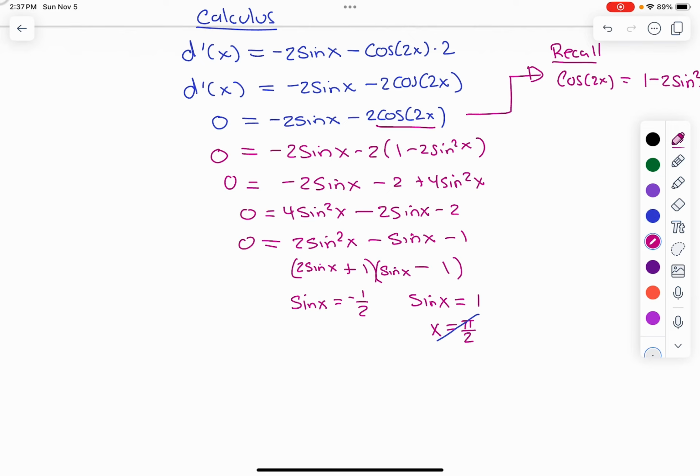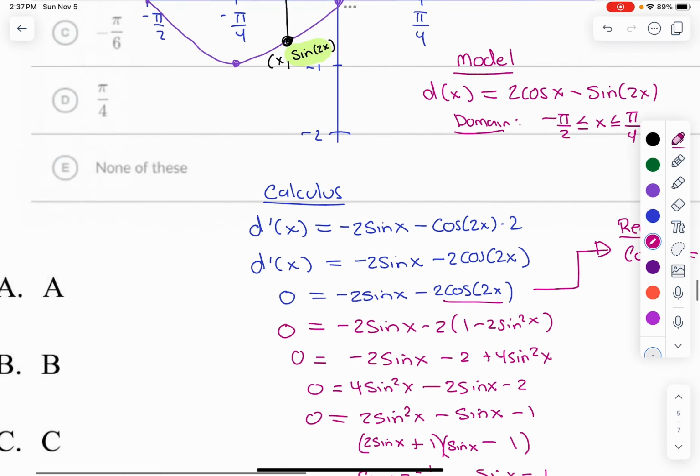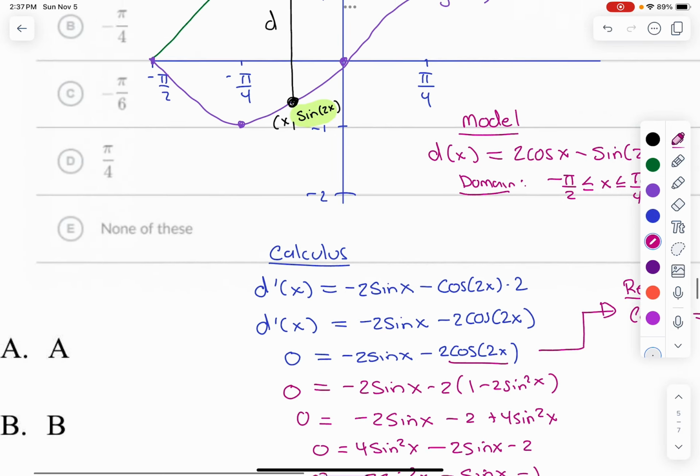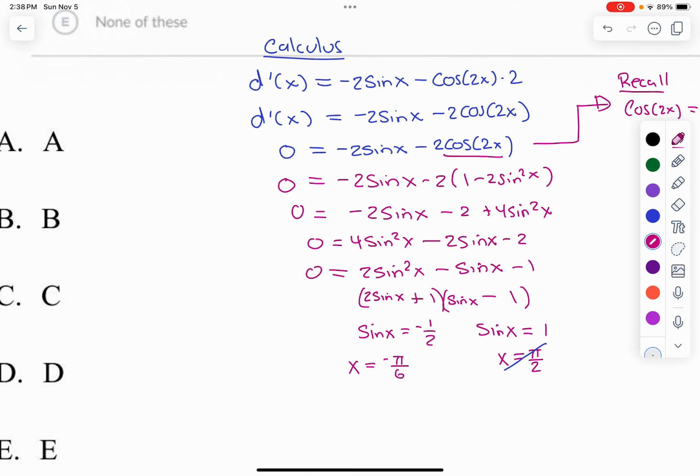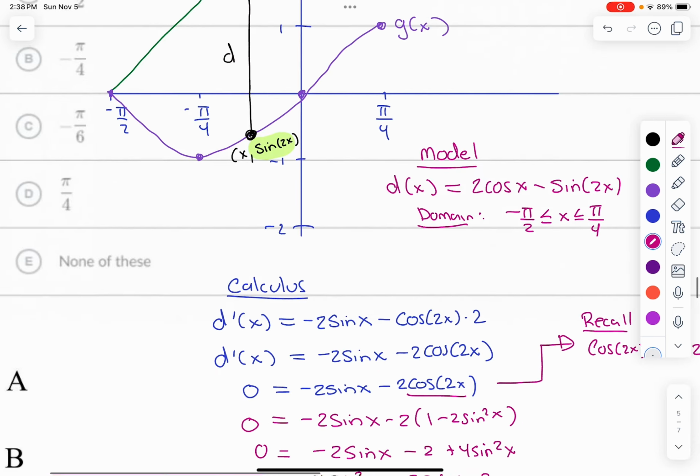Okay, so when does sine equal negative a half on the interval negative pi over 2 to pi over 4? Well, sine's negative in the bottom two quadrants. And so this means x is negative pi over 6. And then if you rotate from negative pi over 6, or negative 30, all the way up, you're not going to hit a negative value before pi over 4 here.